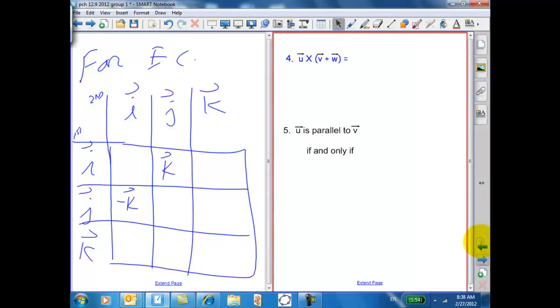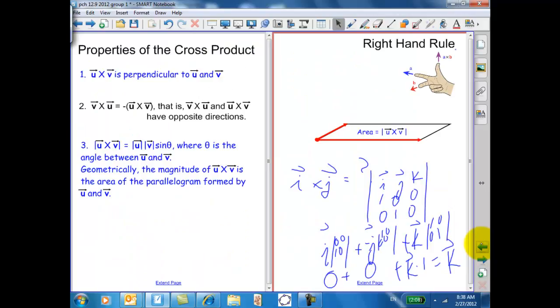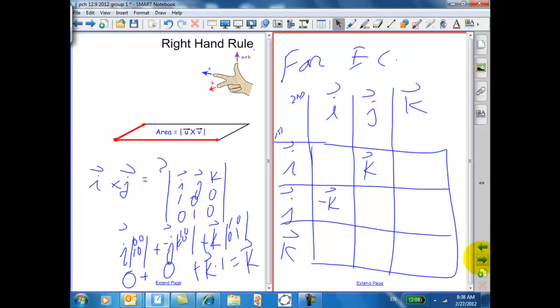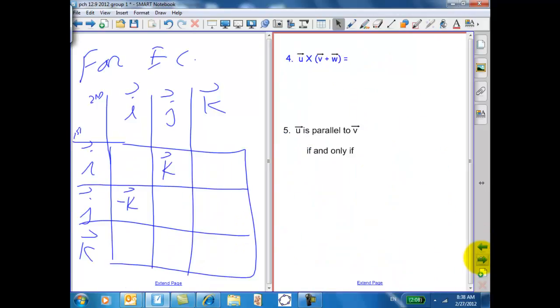Here's a few more properties. u cross (v plus w), what do you suppose? u cross v plus u cross w. It distributes. Cross product distributes over vector addition.